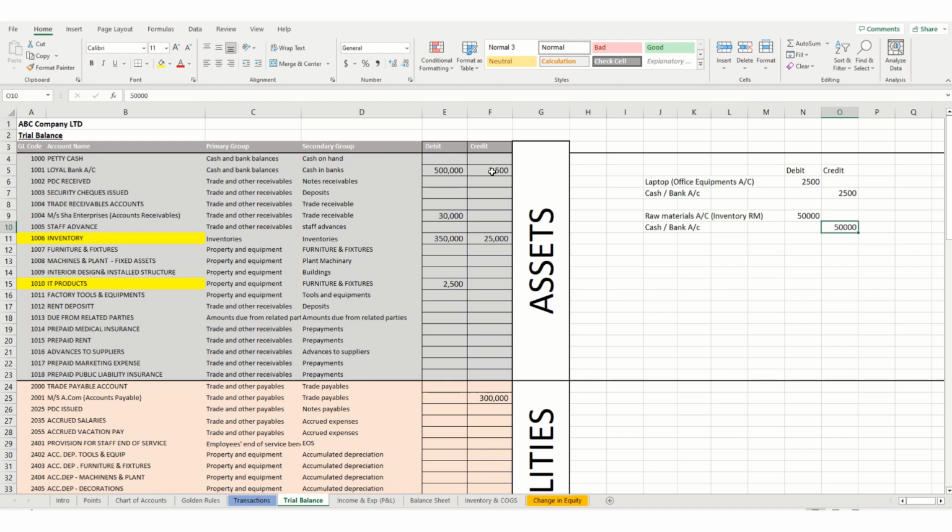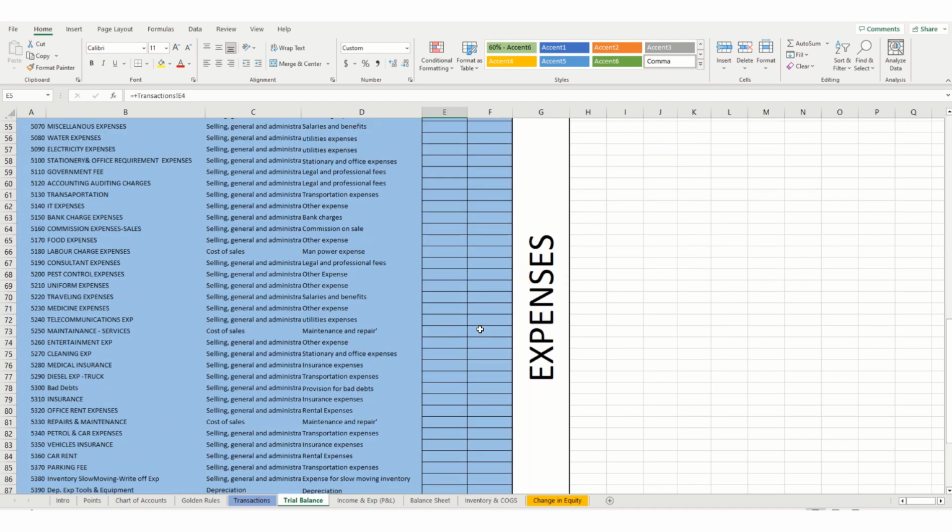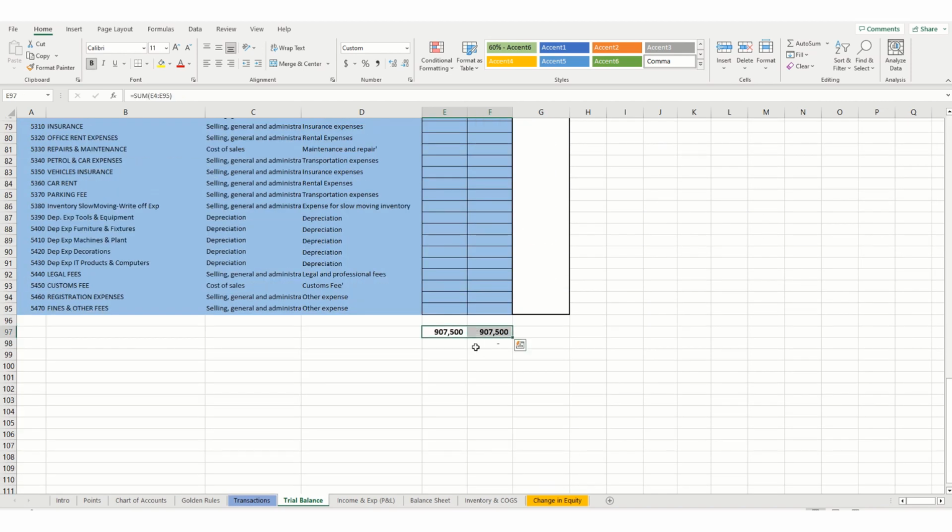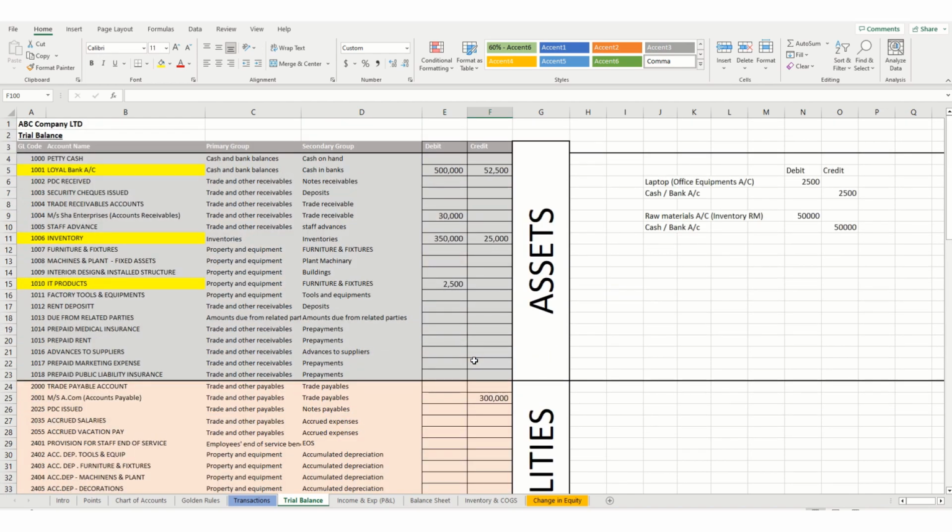So you need to go to the cash account and credit the cash with 50,000. So a total of 52,500 is credited to cash. So just check whether it is matching. Yeah, the TB is matching.